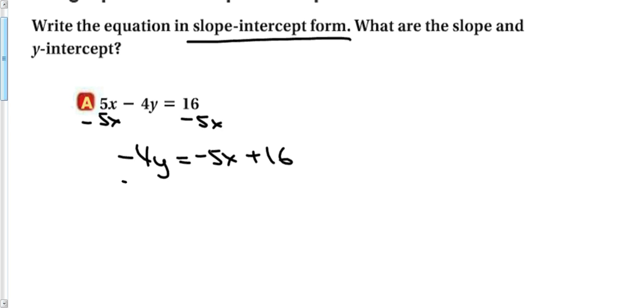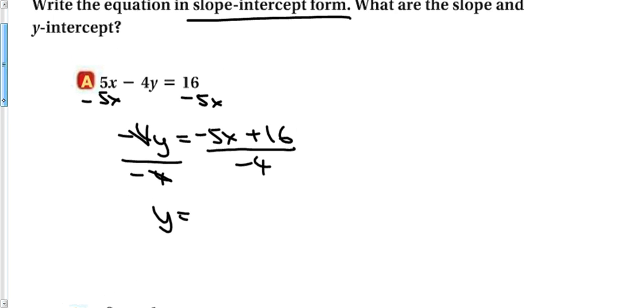Now, to get y by itself, I'm going to divide by -4, realizing that I have to divide everything on the right-hand side by -4. Those two cancel, and I will have y is equal to -5 over -4 turns into +5. Negative over negative is positive. +5 over 4x, and 16 over 4 is going to be -4.